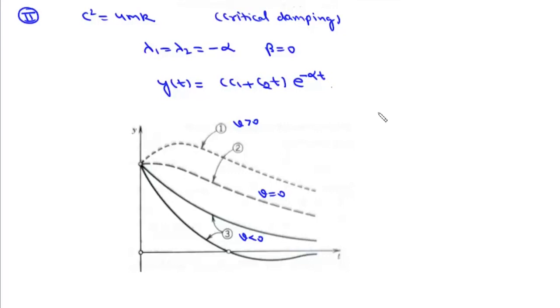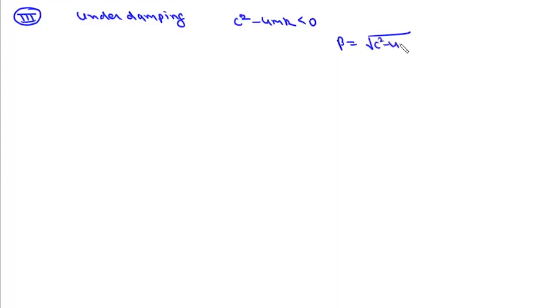Now we'll come to its third case, which is the case of underdamping. Now in this third case of underdamping, the condition we have is c square minus 4mk is less than 0. And if c square minus 4mk is less than 0, we'll know that this beta, which is the square root of c square minus 4mk, will be purely imaginary.